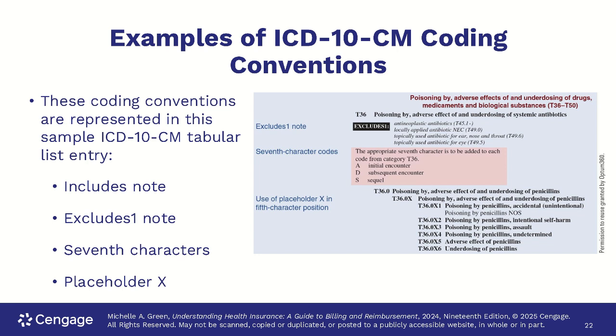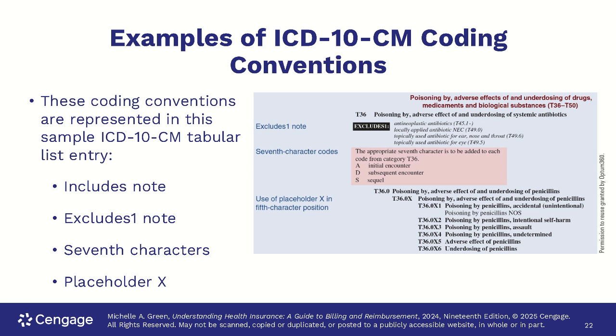Here are some examples of instructional notes in the tabular list. And remember, I made the comment about going back to the 3-digit category. So here in this example, we are notified that the appropriate 7th character is to be added to each code from category T36. So here's something that I want to call out. The pink box will tell you which code that particular set of 7 characters should go on.